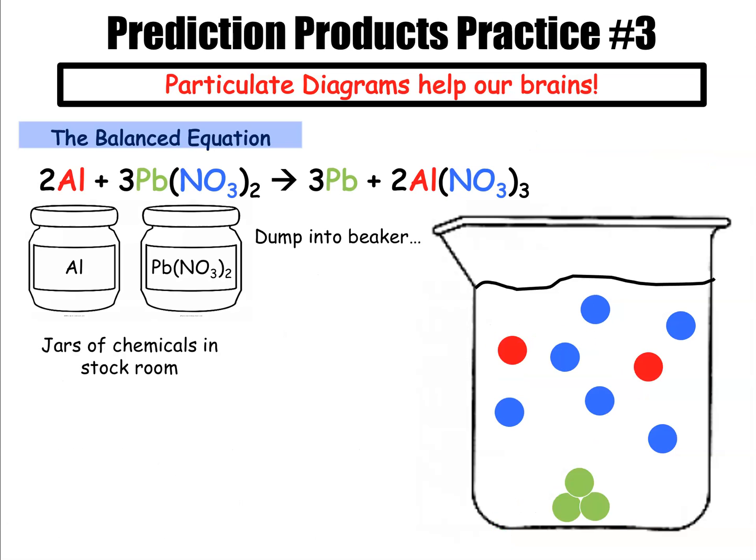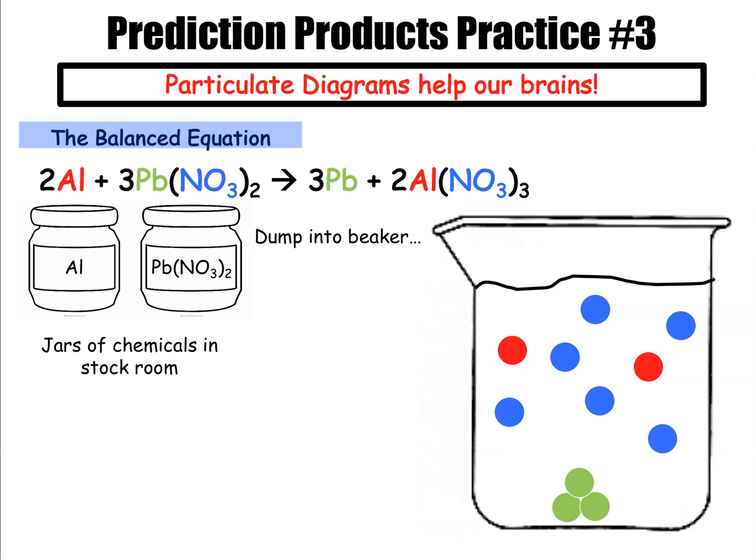So, for example, let's look at aluminum plus lead nitrate. So, we have 2 aluminum that are red. Notice 2 red dots. We have 3 lead nitrates. And then we have 3 leads. And we have 2 aluminum nitrates.